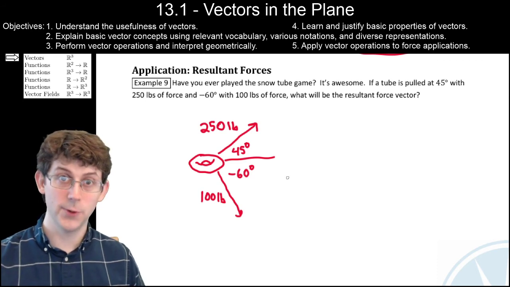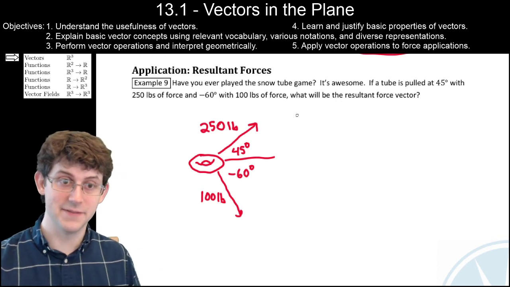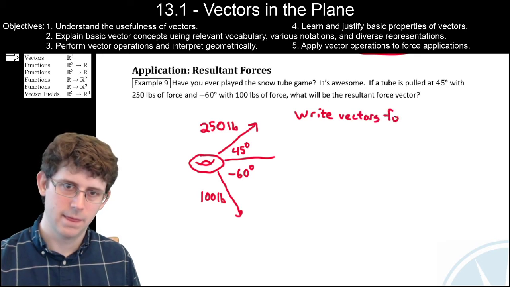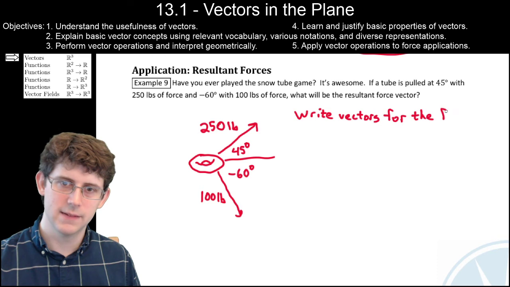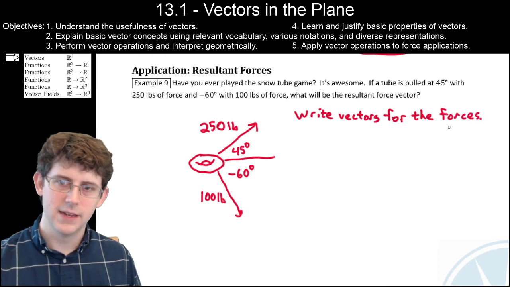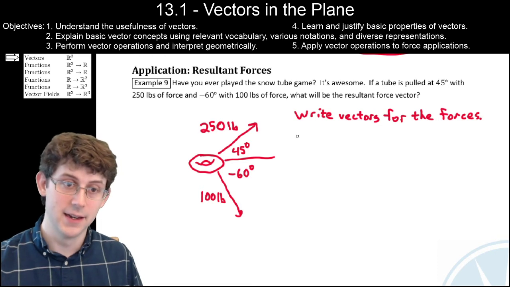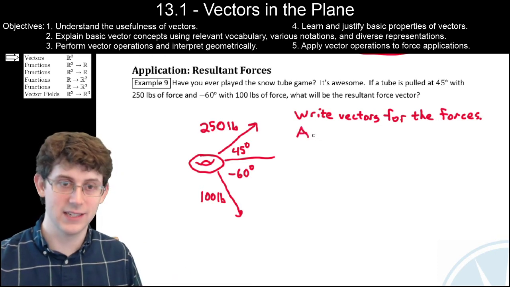The answer is, if you apply 2 forces to the same object, you can write the forces as a vector. So write vectors for the forces. And if you apply 2 forces to the same object, you can add the vectors together, and you just get another vector, and that's the total force.